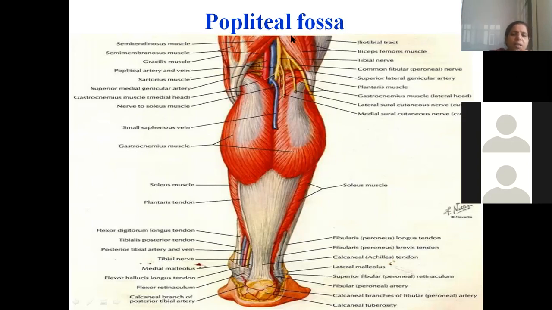It was initially in the anterior front of the thigh, then it entered the posterior compartment of the leg through the hiatus in the adductor magnus. So what is the name of the artery now? Popliteal artery. It is accompanied by the popliteal vein. So from the front, the artery's course has changed, and now it is on the posterior aspect.